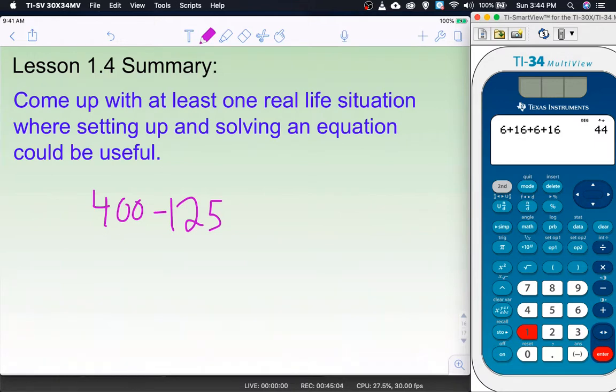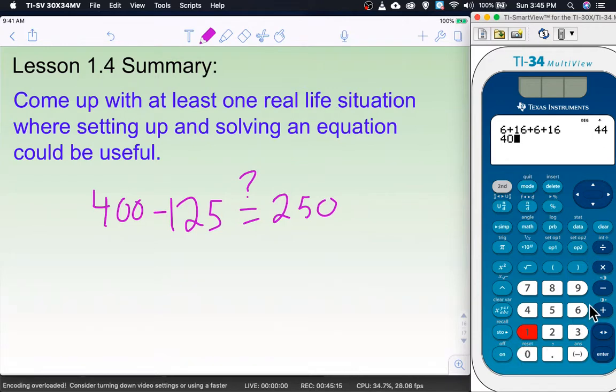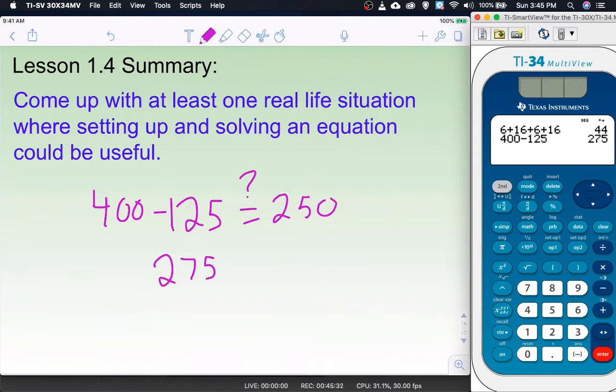Well, would you make it 250 miles? You could use an equation to figure that out. If you took 400 minus 125, you would have 275 miles on your tank, and you only need 250. So yeah, you'd make it with 25 miles to spare on your gas tank, with about a gallon left in your tank.